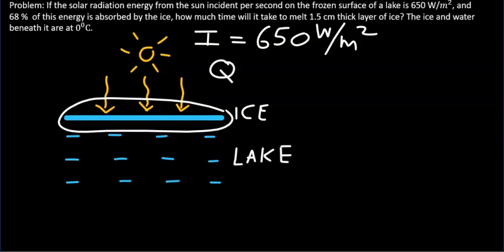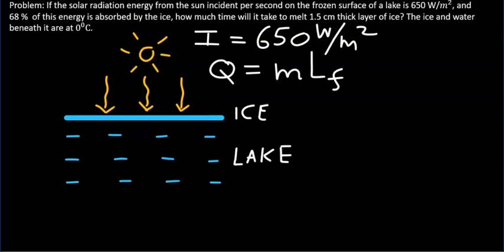So the type of heat that we are interested in here is the heat of fusion, which is given by the mass of the ice that melts times the latent heat of fusion, L sub F, and this is a constant temperature process. So let's calculate the rate of energy per second.